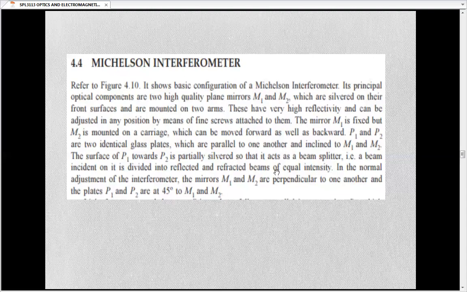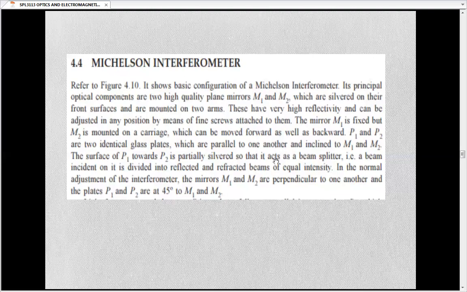For example, we have two mirrors which are labeled M1 and M2, and these two mirrors have very high reflectivity.